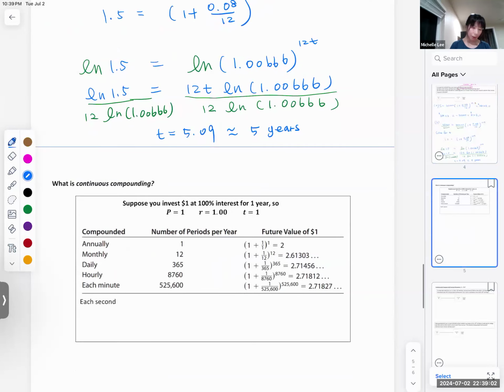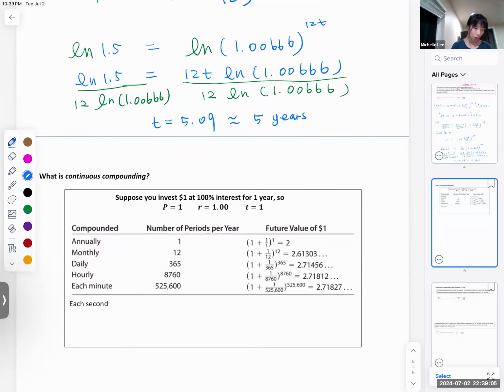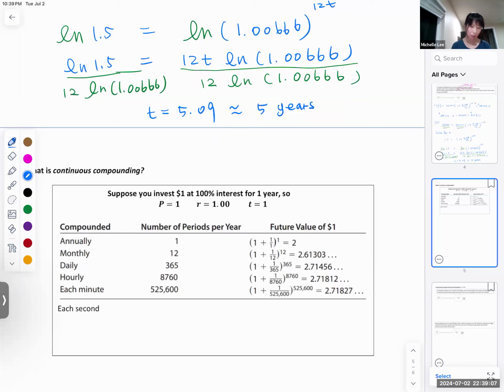We have this one. What is continuous compounding? Suppose you invest $1 at 100% interest for 1 year. In that case, the principal, the initial amount, is $1, and the rate in decimal is 1 as well, and then t equals 1, annually is 1 year, right?